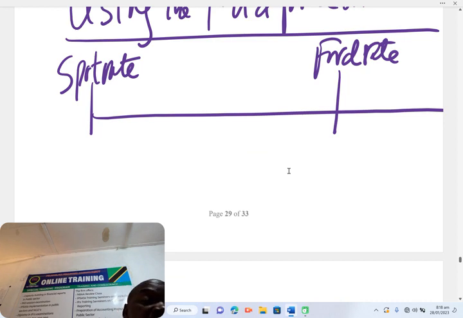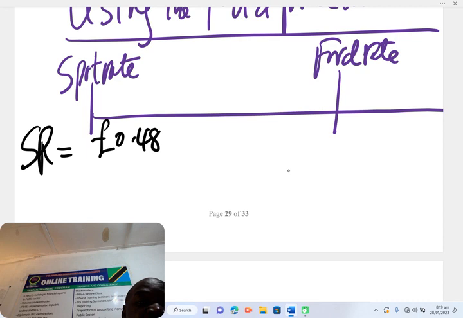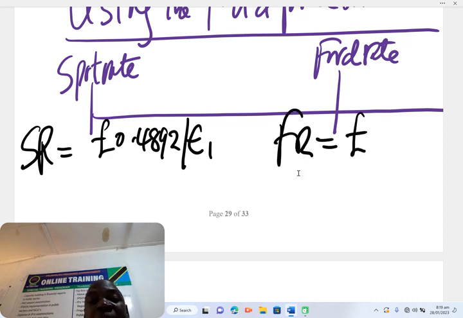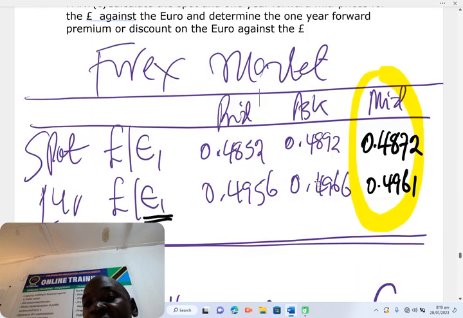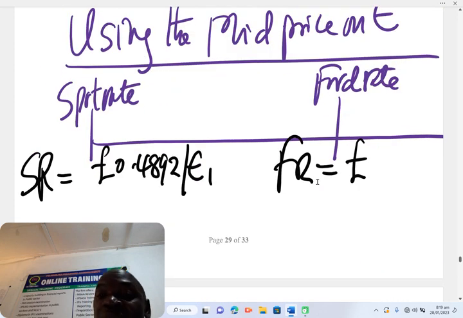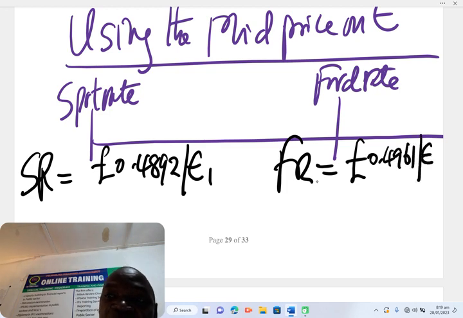Right, the spot rate is pound 0.4892 per euro as a trading, and the forward rate is how much? The forward rate is 0.4961 per euro.